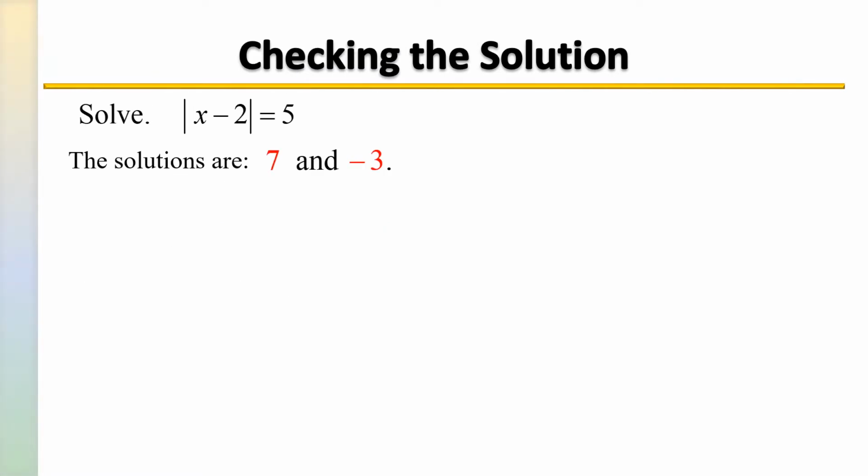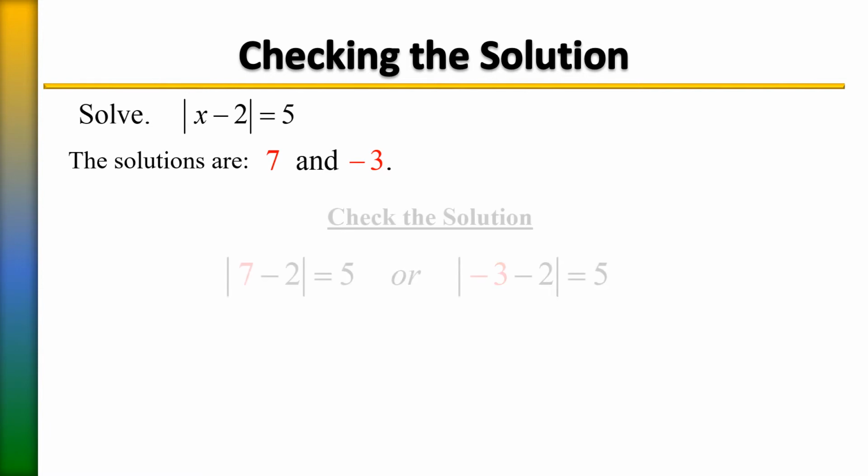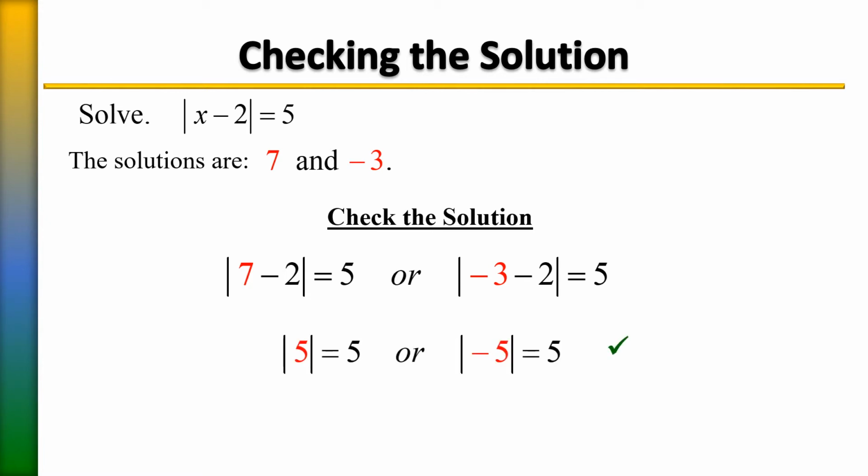Let's check these solutions to see if indeed they are solutions. If we remove the x from the original equation and replace it with 7, and then do it again and replace it with -3, let's take a look at what we would result in. In both cases it does check.